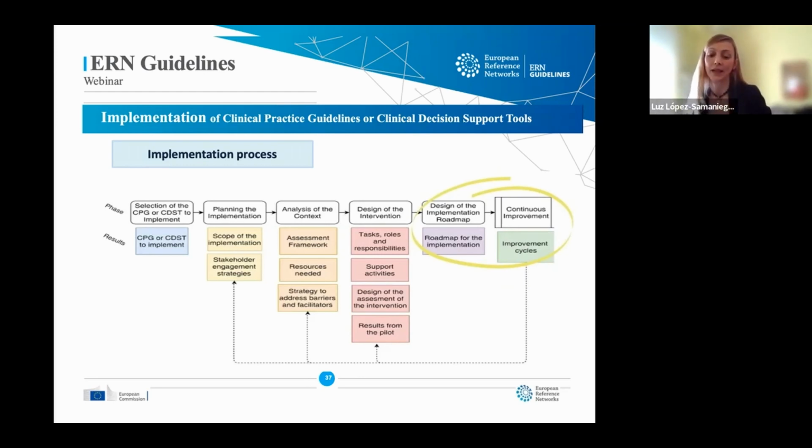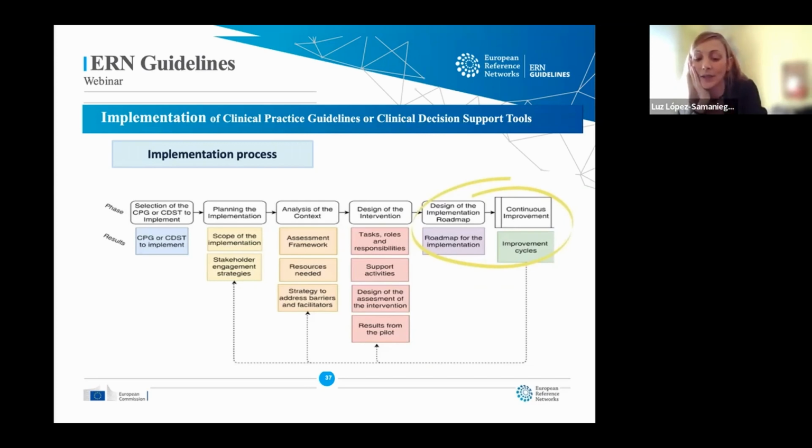Phase 4 is the design of the intervention, and the results are the tasks and roles of those conducting the intervention in a detailed way. Any support activities are arranged, like training, dissemination, community activities, and other support activities. As a result of this phase, the assessment strategy is also designed to capture the effects of the implementation activities on the different stakeholders involved, their attitudes and impact on the healthcare system and patients.